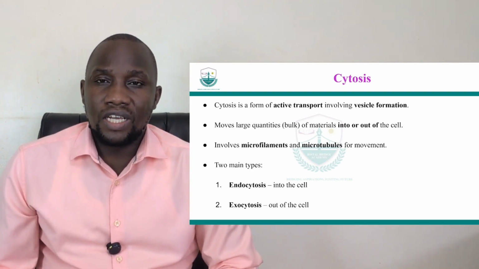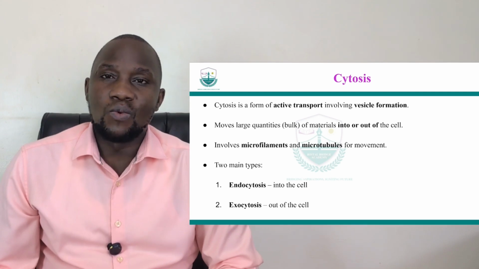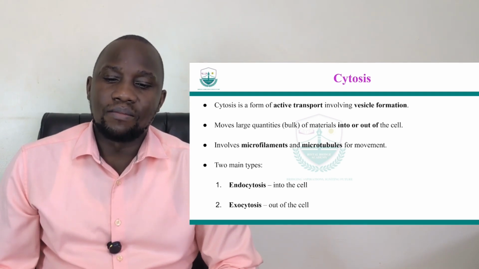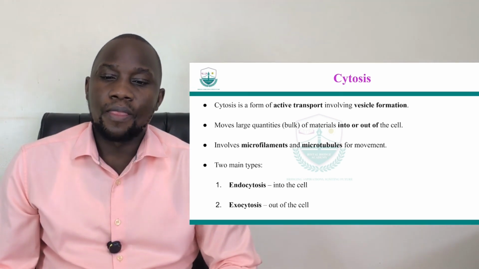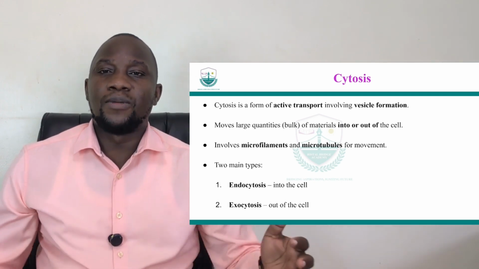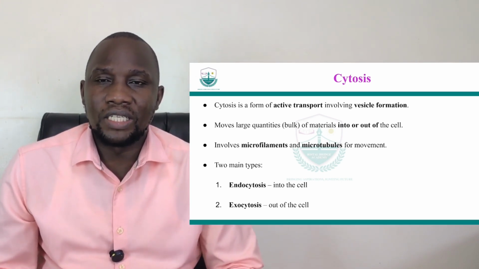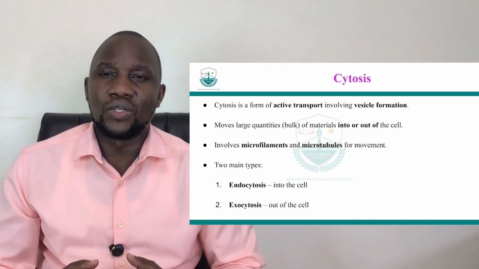So we use a broad term called cytosis to describe the ways in which organisms form what we term as vesicles. Do they capture a substrate and turn it into a vesicle?